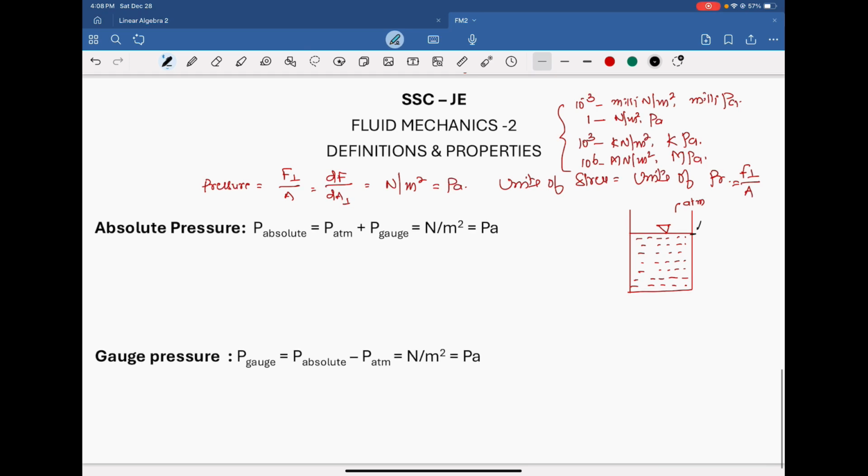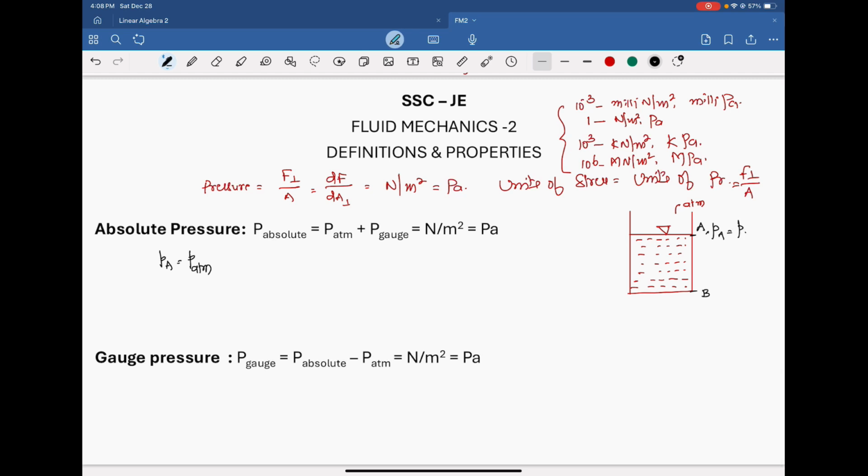Let's call this point A and this point B. Then pressure at A is equal to atmospheric pressure only, there is nothing above it.